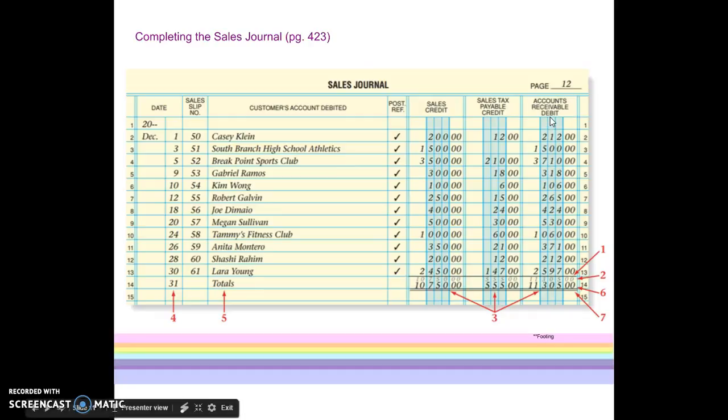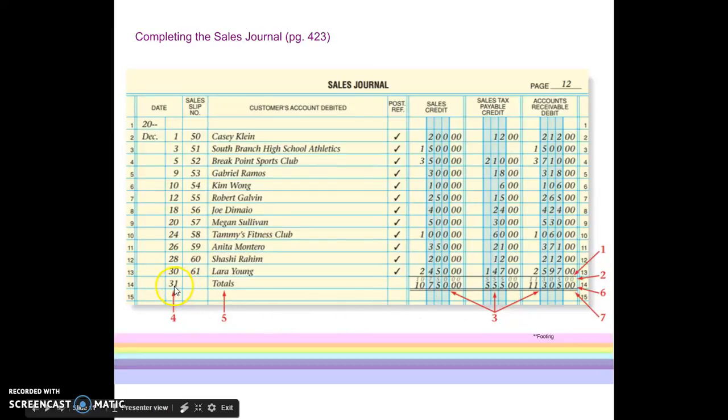So in this case, what we are going to do is first complete the journal by single ruling here, indicating that the next line is going to be a calculation. That is where we're going to put, at the end of the month, December 31st, totals. So we then add up the numbers for each of the columns. This is the total sales credit, total sales tax payable, and total accounts receivable debit for the month of December.